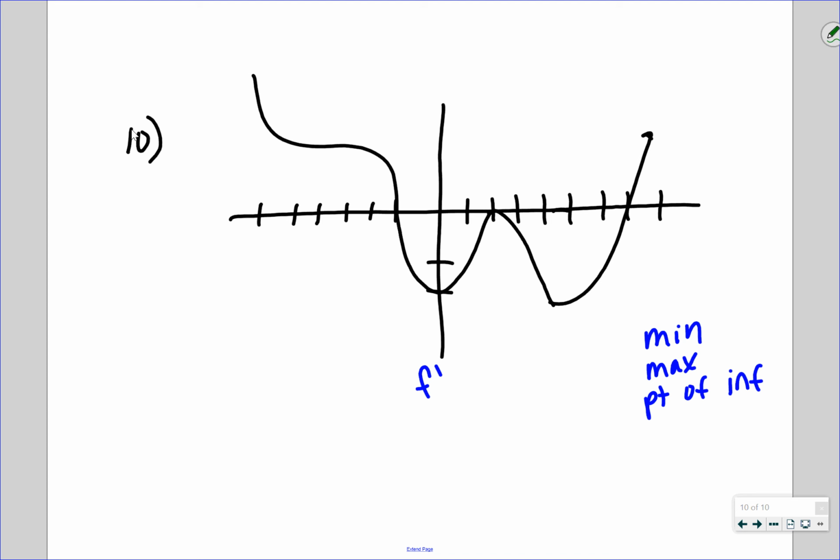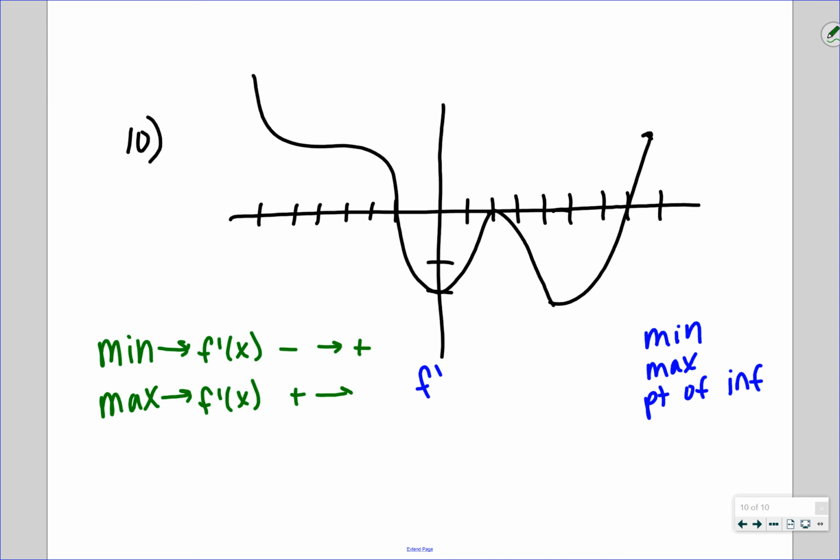So a minimum is going to happen when my first derivative goes from negative to positive. A maximum is going to happen when my first derivative goes from positive to negative. And a point of inflection is going to happen when my first derivative has a max or a min.